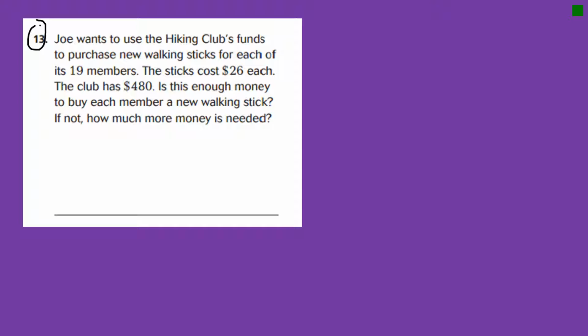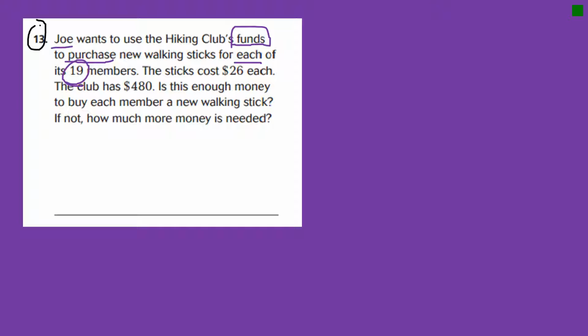So you know what I'm going to do, don't you? Reread it. Okay? So what is Joe doing here? Joe, he wants to use the hiking club's funds. That means their money. Okay? He wants to use their money to purchase or buy new walking sticks for every of its 19 members.